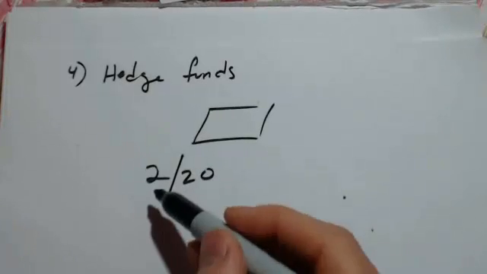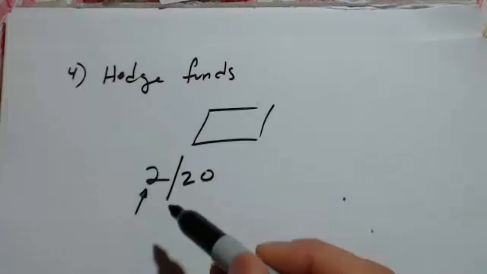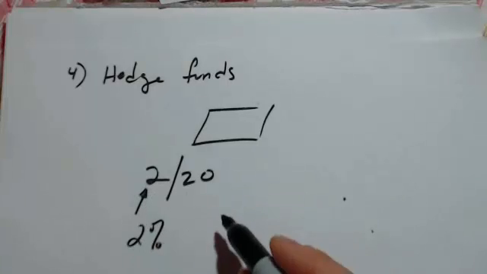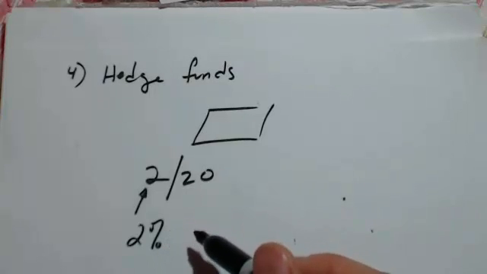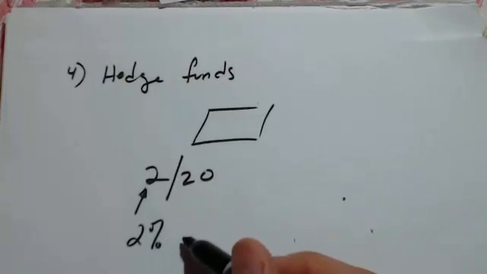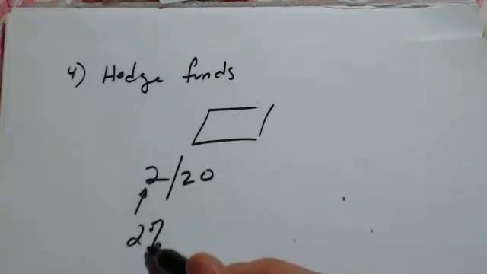What that means is the management fee per year is 2%, which is fairly high, almost double what the average fund charges. So no matter what happens to the fund, whether it performs poorly or well, management will take a 2% management fee to cover their costs and some of their profit.